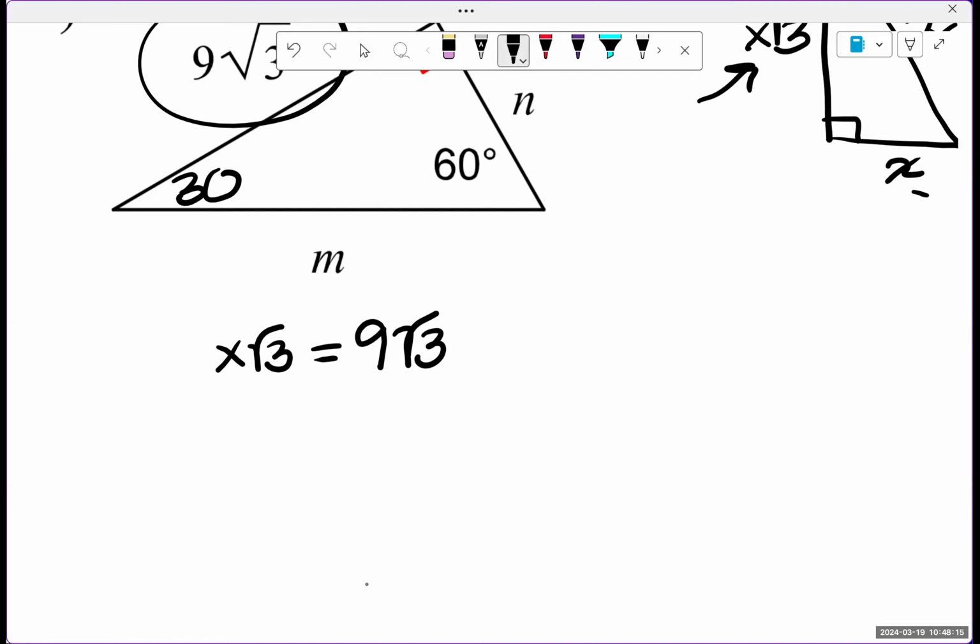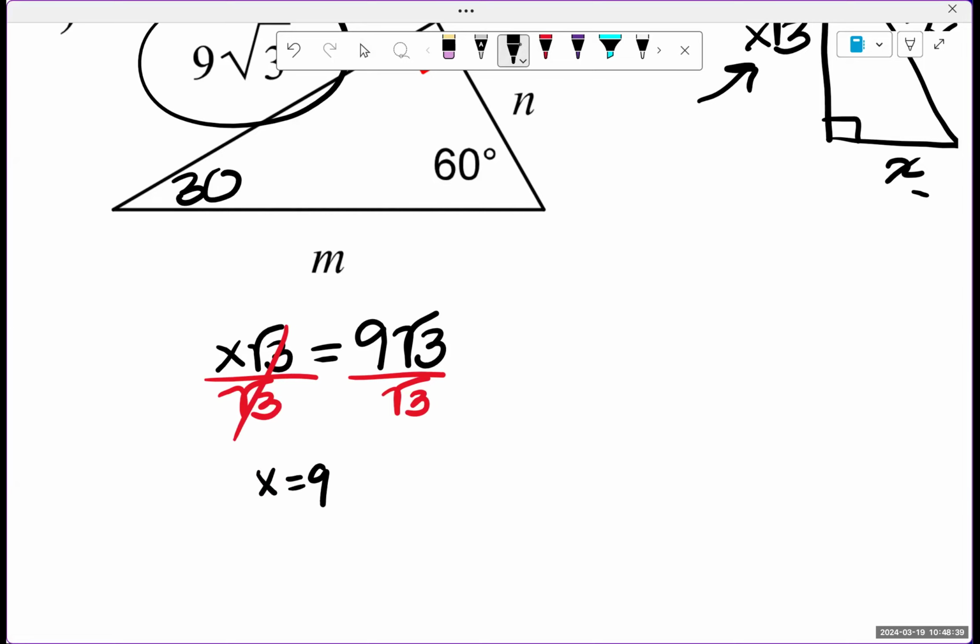Yeah, does everyone see that it's divide? Sometimes you want to think, oh, can I square both sides? No, don't square both sides. You only square both sides when the radical's on the X, right? So I'm not squaring both sides. I am dividing by rad 3. Okay, so X equals 9.